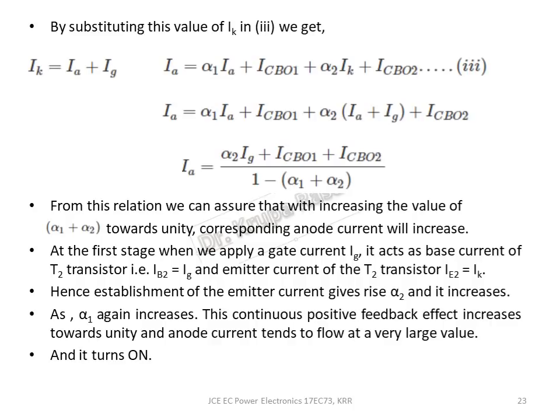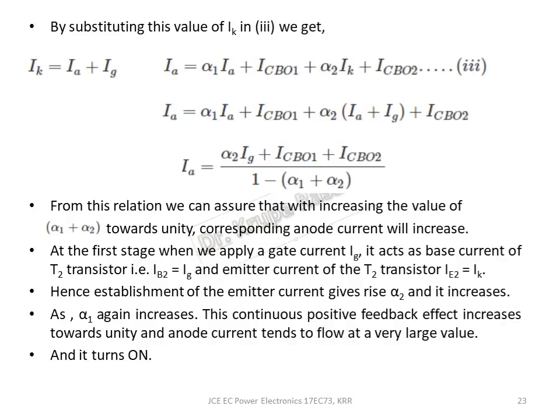As alpha 1 increases, this continuous positive feedback, the base of the transistor T1 acts like the collector current of the transistor T2, that will make T1 turn on more, and as it turns on more, the collector current will increase through T1, which is nothing but the base of T2, and hence T2, an NPN transistor, gets more base current, more turn on.